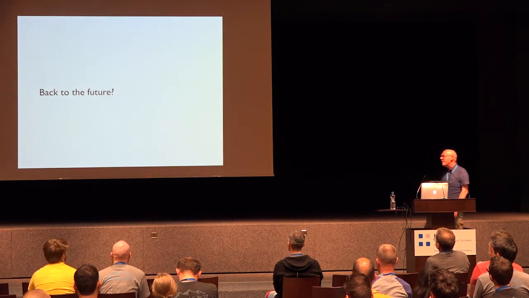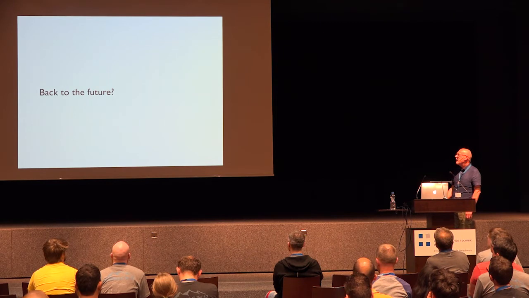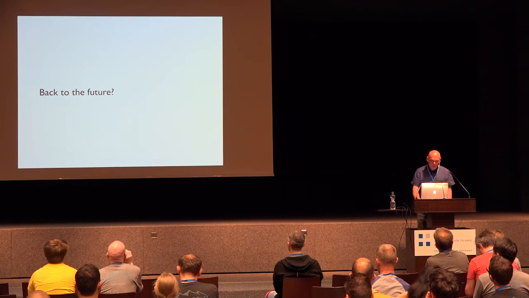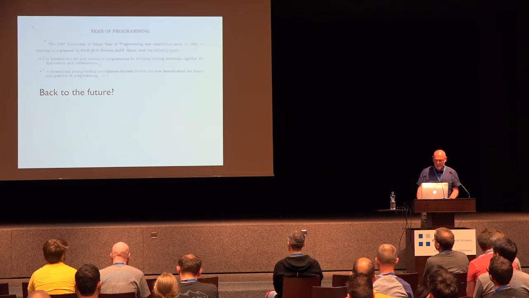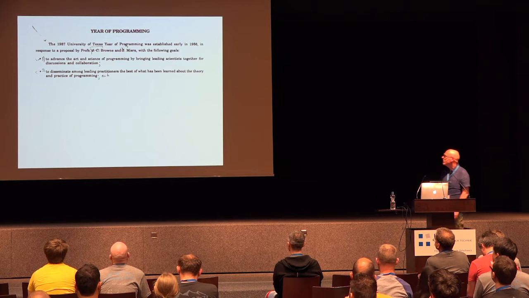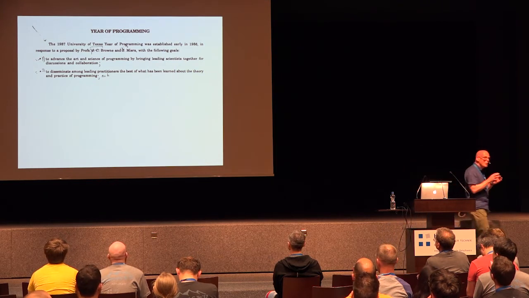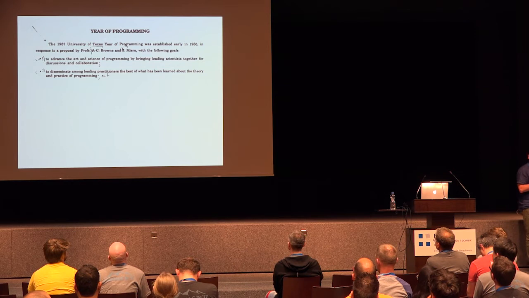And I said there's an element of Back to the Future about this. What I'm talking about, in fact, is something I talked about at a meeting in Austin in 1987. So I wanted to present you with some work from the sort of prehistory of Haskell.